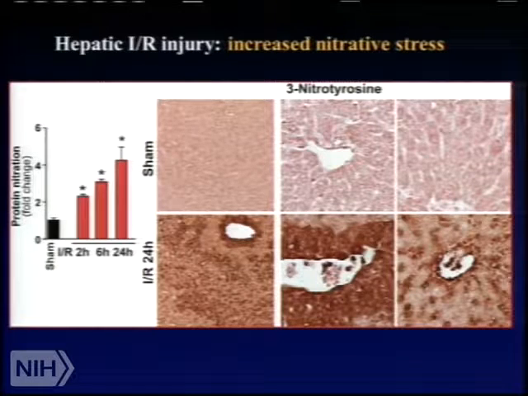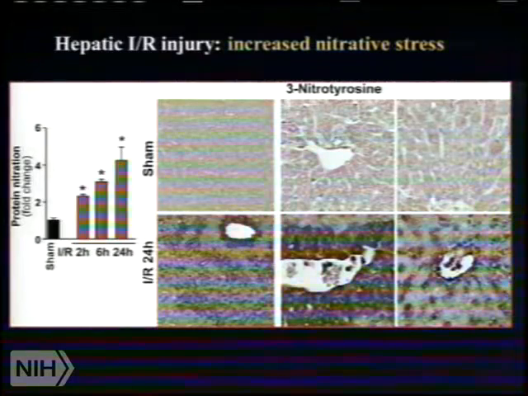peroxynitrite. With the ELISA, you see a time-dependent increase. This is the normal section, with no increase. Following ischemic reperfusion at 24 hours, there is a marked increase. This brown staining is localized in hepatocytes, in some of the inflammatory cells, and also in endothelial cells.